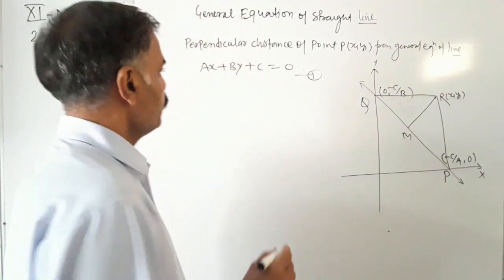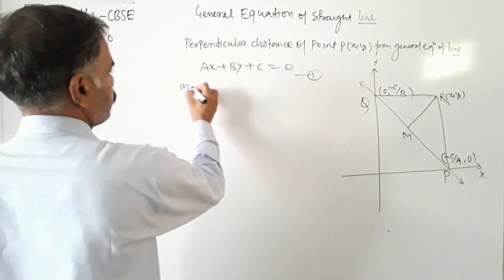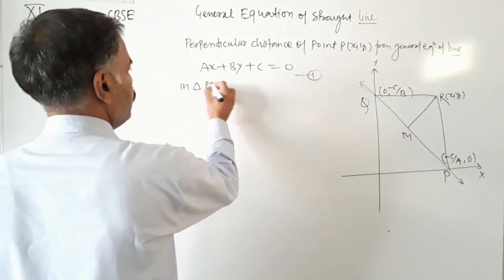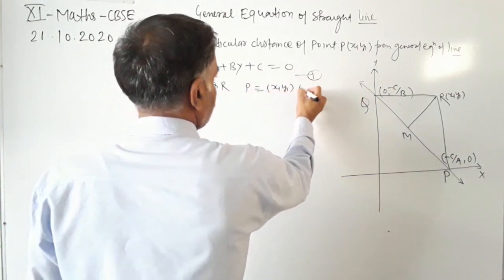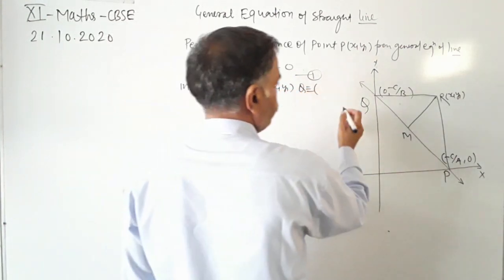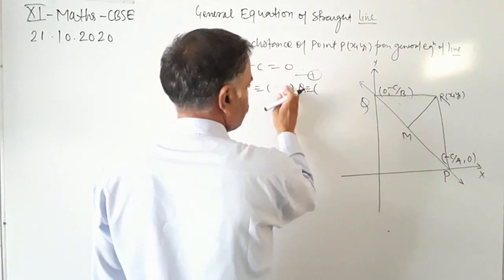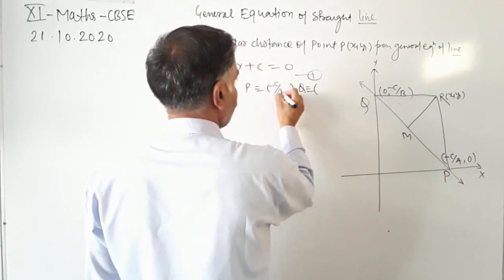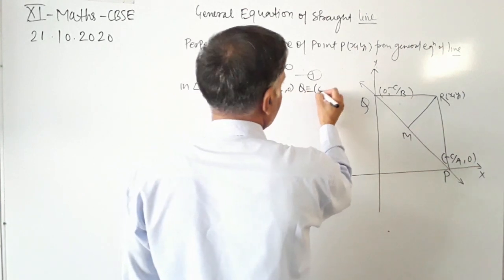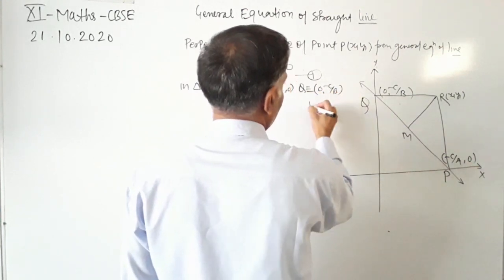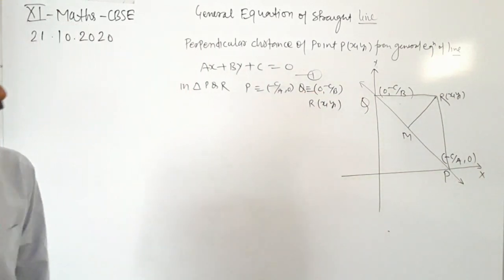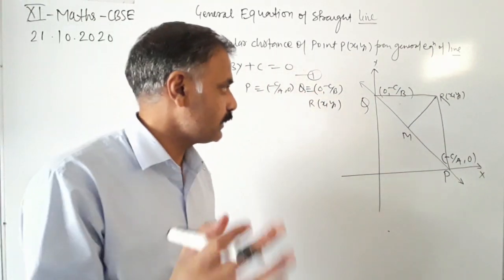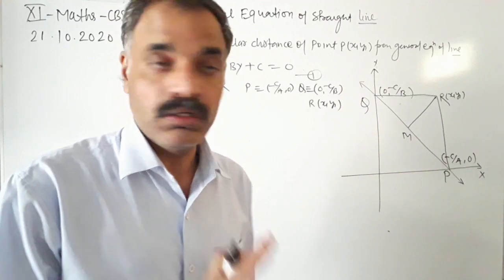Now in triangle PQR, P is minus c upon a and 0, Q is 0 minus c upon b, and R is x1 y1. So these are the coordinates of the vertices of the triangle PQR.